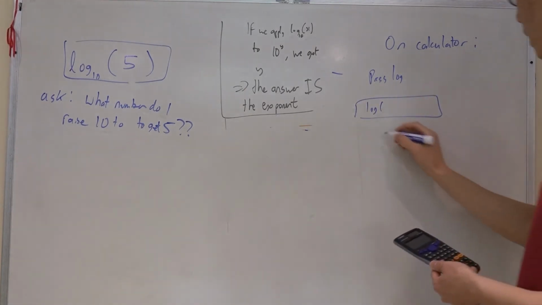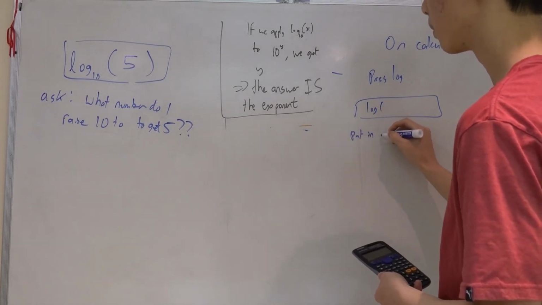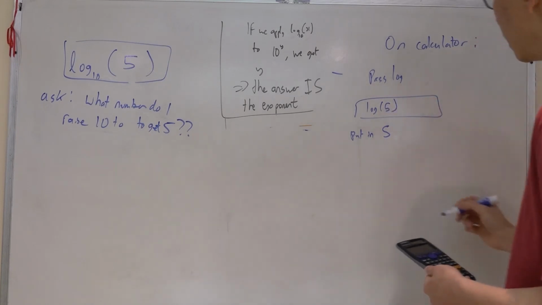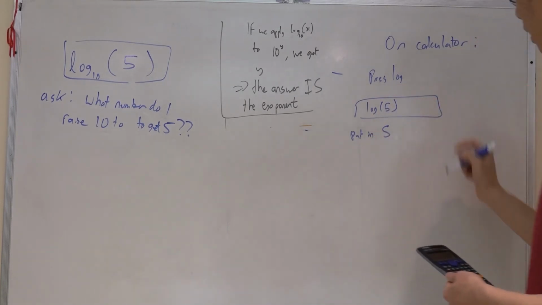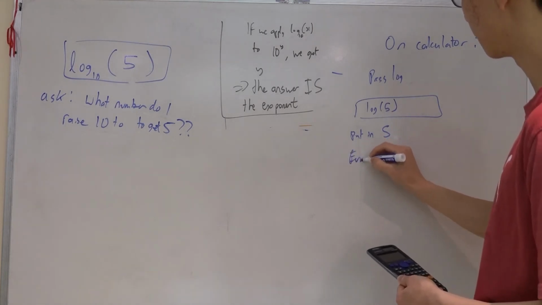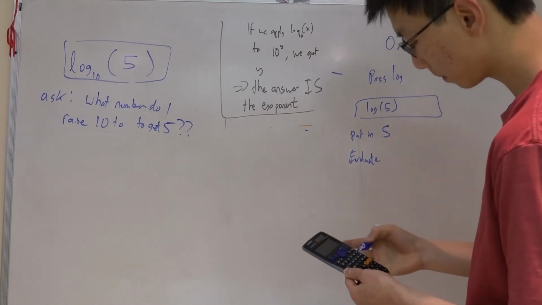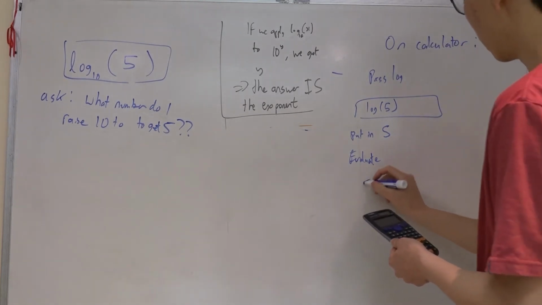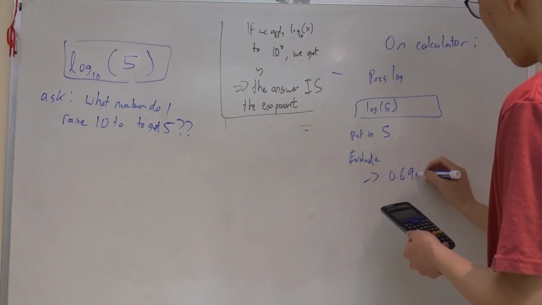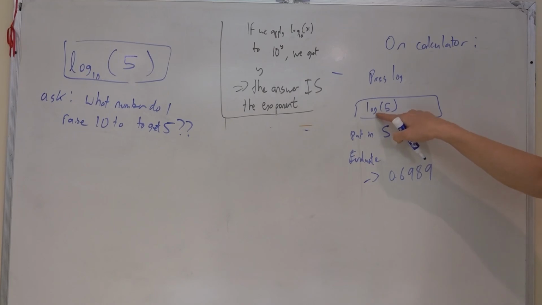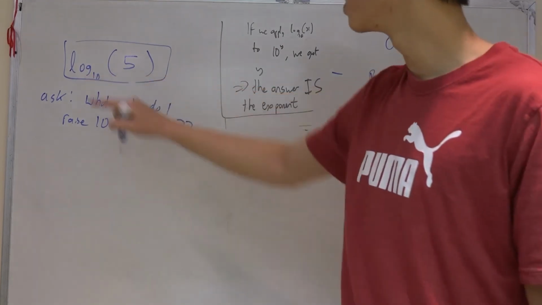Then you just put in 10, put in 5, and evaluate that. For me, that gives roughly 0.6989.